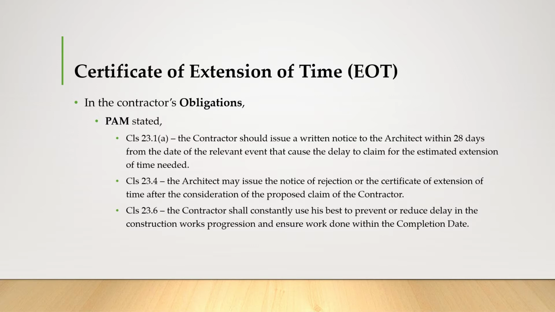In clause 23.4, it states that the architect may issue the notice of rejection or the certificate of extension of time after consideration of the proposed claim of the contractor. Under clause 23.6, the contractor shall constantly use his best endeavours to prevent or reduce delay in the construction work's progression, to ensure the work is done within the completion date.